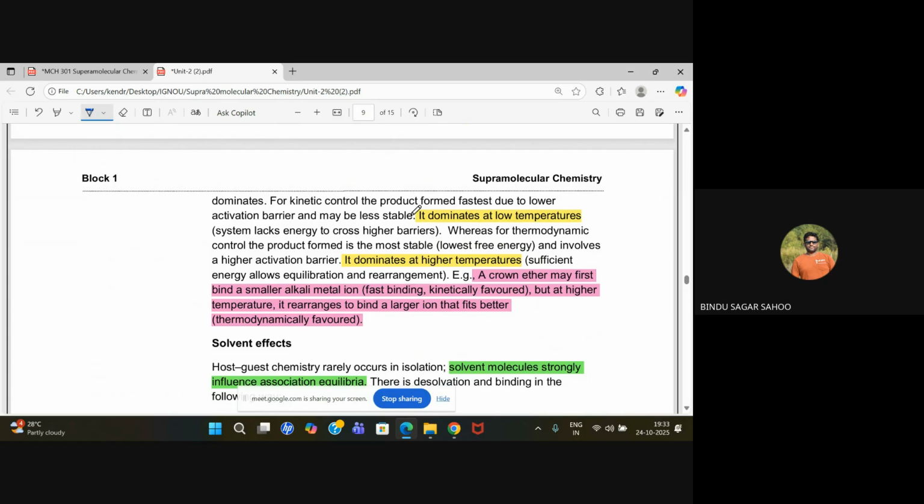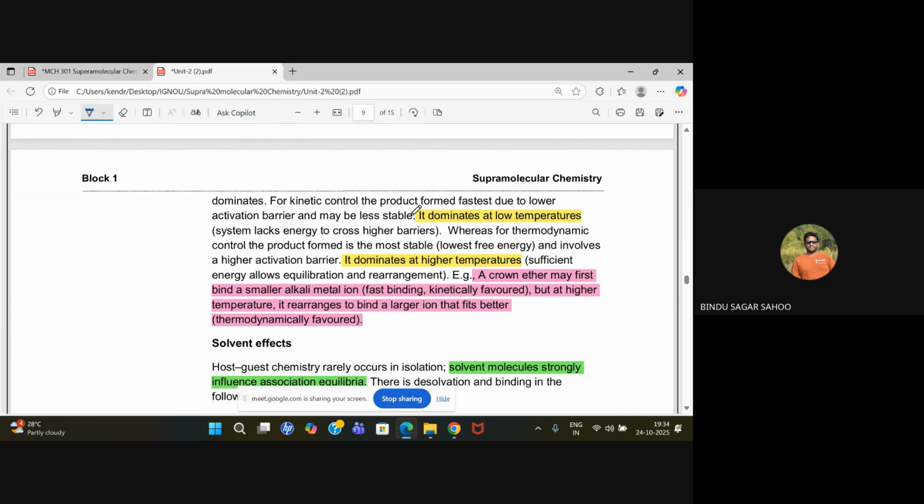So a crown ether may quickly bind a smaller alkali metal ion. We can say it is kinetically favored, but at higher temperature it rearranges to bind a larger ion that fits better, which is thermodynamically favored. We can consider the interaction of a smaller metal ion with a crown ether complex as a kinetically stable complex.